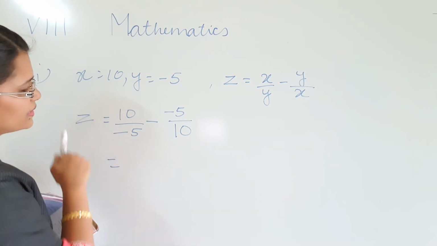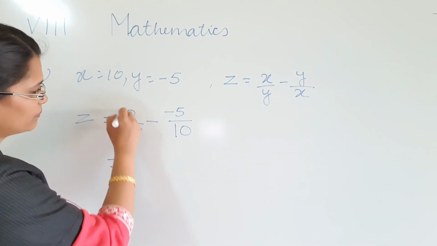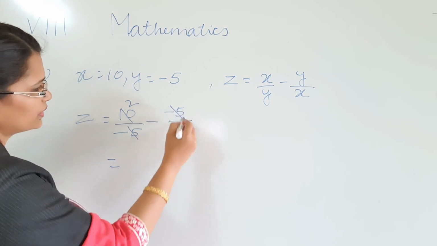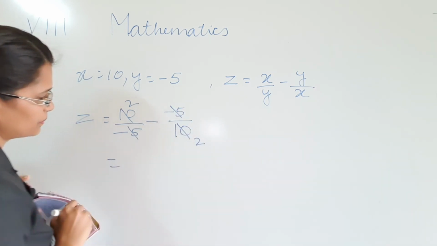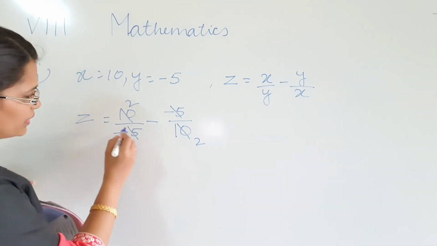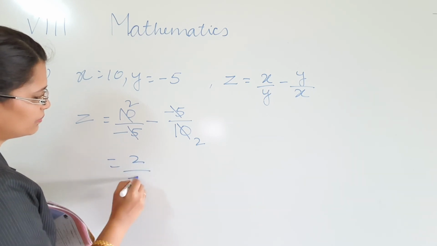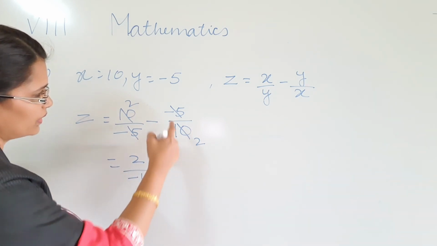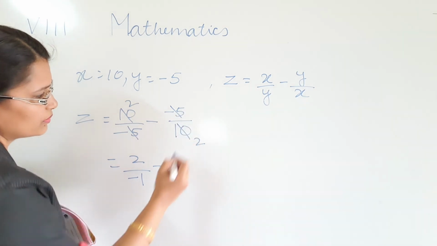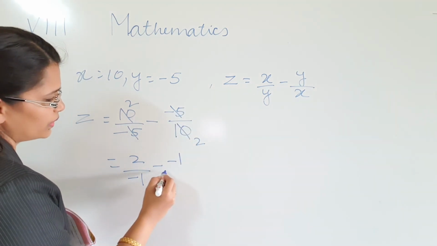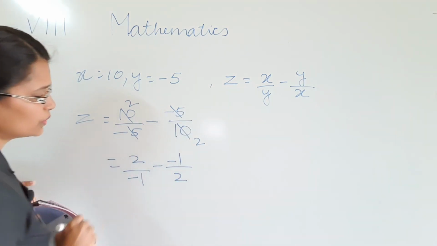What is 10 divided by minus 5? 2 times, here also 2 times, right. So, you can write this as 2 divided by minus 1, minus here minus 1 divided by 2.